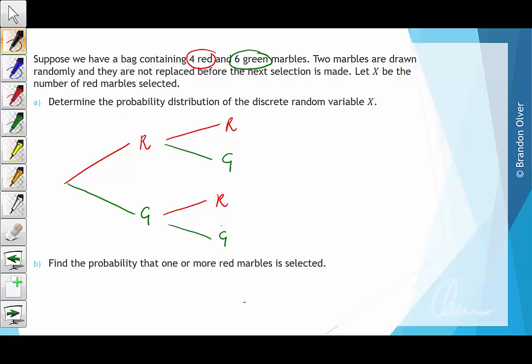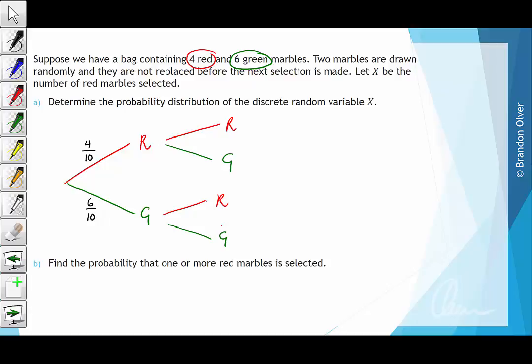So the probability associated with each of these selections is determined based on the number of marbles over the total number of marbles present. So if there's 4 red and 6 green, there is a 4 in 10 chance of getting a red the first time, and a 6 in 10 chance of getting a green the first time. Once we've selected one marble, we now have 9 remaining because we haven't replaced it.